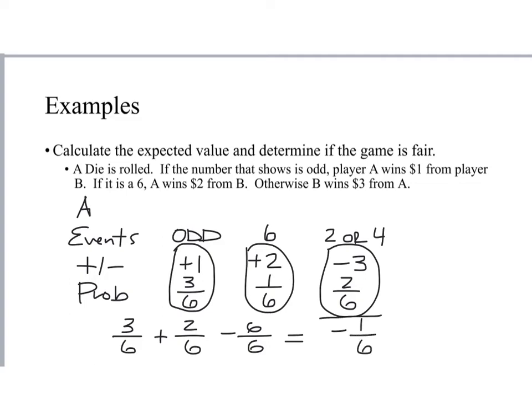We did this in terms of player A, so this game is not in favor of player A, it's in favor of player B. If player A rolled the die, let's say 60 times, they would expect to lose $10, that is, lose $1 for every 6 times they play, or lose 1/6 of $1 each time they roll the dice.